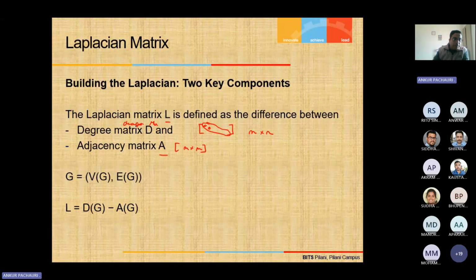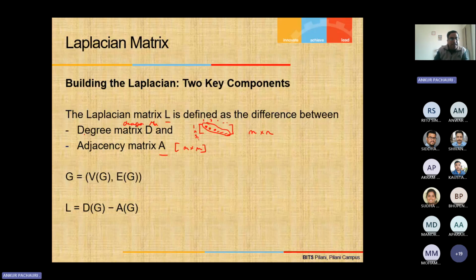I should not mention it as zero or something, I'll use some special symbols. So these are the degrees of the nodes. Suppose this is node 1. The degree of node 1 will be stored at this index, the degree of node 2 will be stored at this index, the degree of node 3 will be stored at this index, and so on.